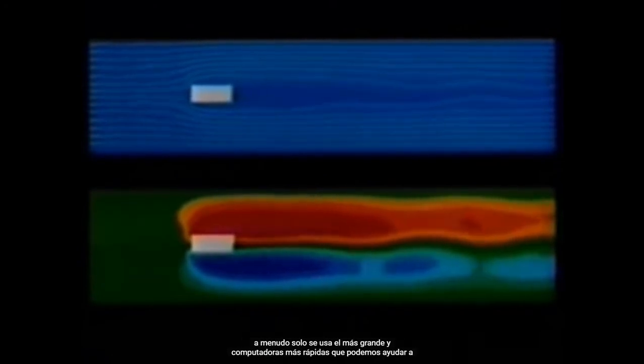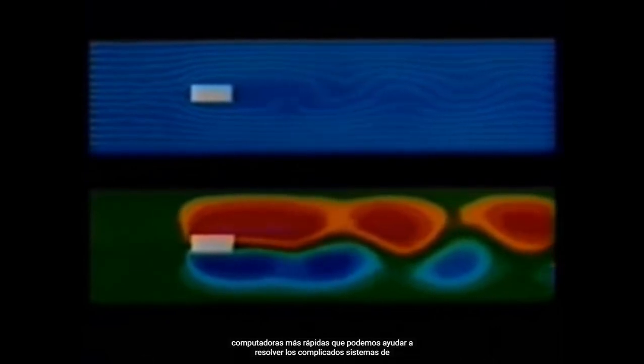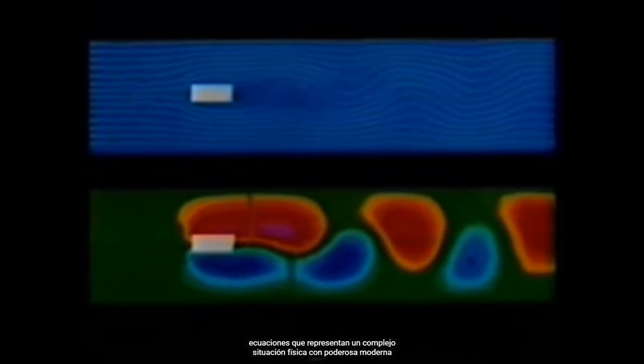Engineering research today is becoming increasingly sophisticated. It's often only by using the largest and fastest computers that we can hope to solve the complicated systems of equations representing a complex physical situation.